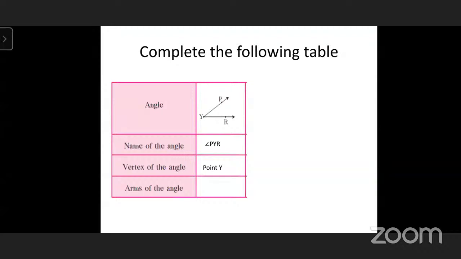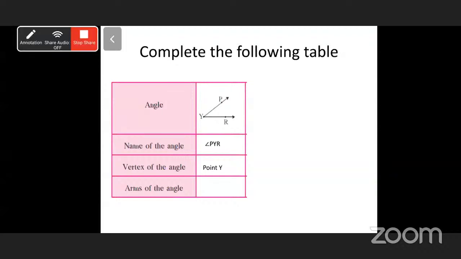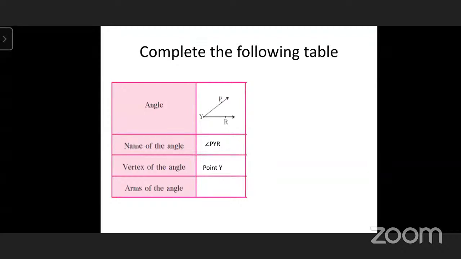The two arms of the angle are, one is, just unmute the audio and try to answer the question. Which are the two arms? Please unmute Vivek Patidar.